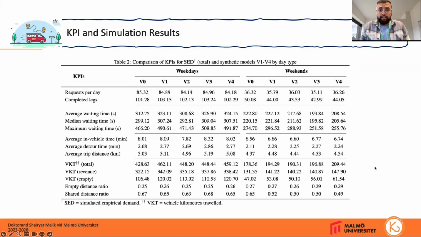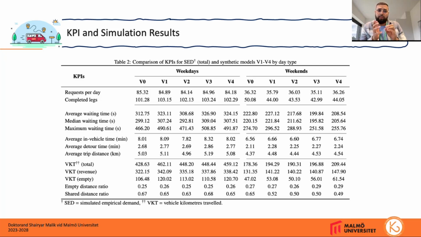So this table summarizes the key performance indicators for our simulation runs, comparing the four synthetic demand models V1 through V4 against the simulated empirical baseline. That was the real data. We have used those requests and directly simulated them. That is V0, the simulated empirical model with original parameters.